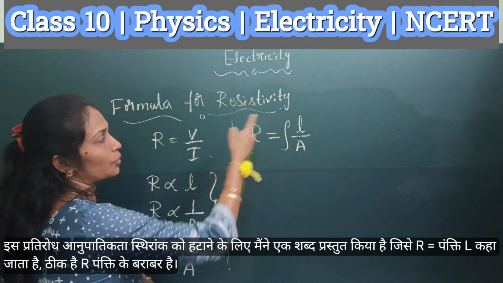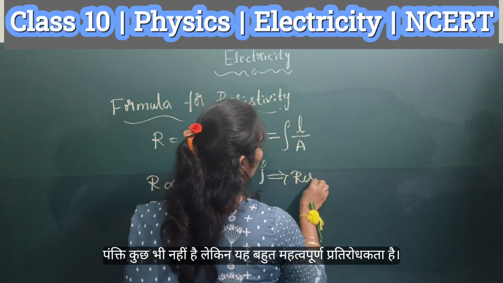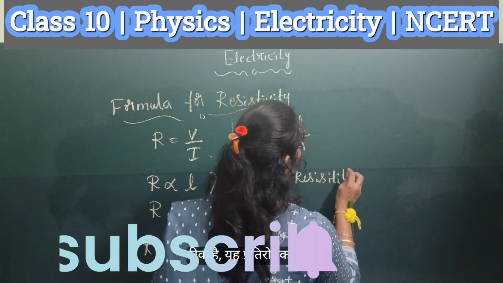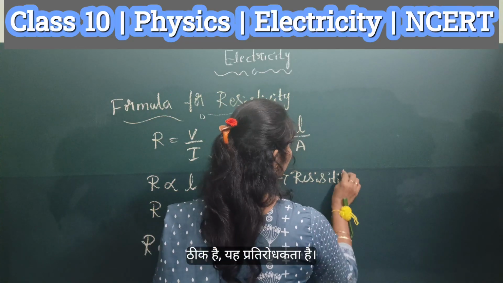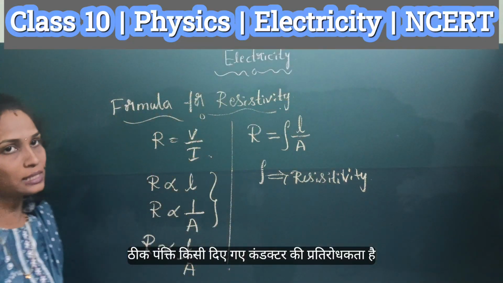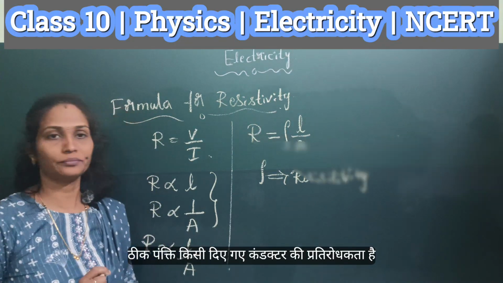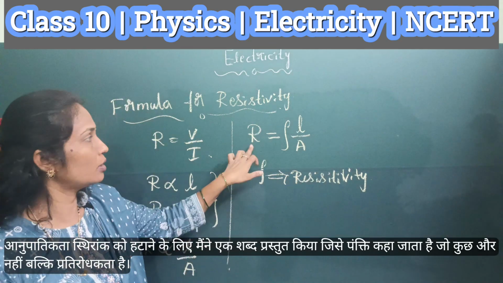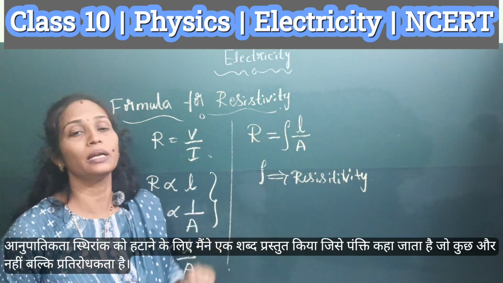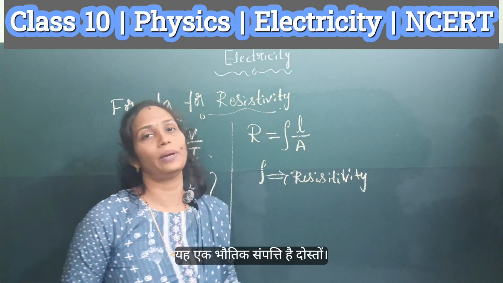Okay, R is equal to rho L by A, where rho is, and this is very important, the resistivity. Rho is the resistivity of a given conductor. It is the proportionality constant, and it is a property of a material, guys.